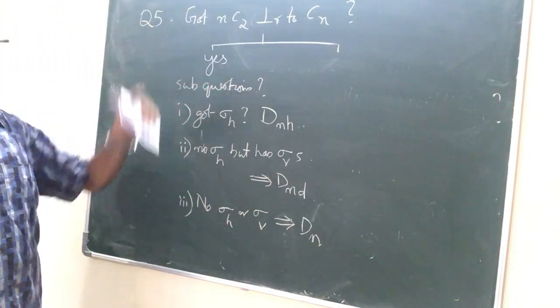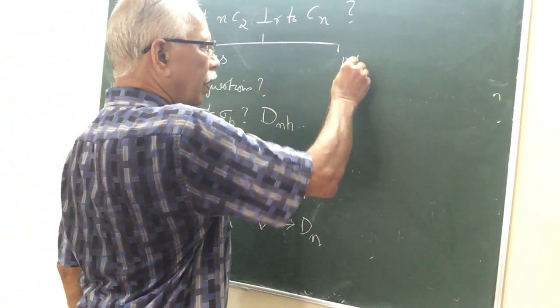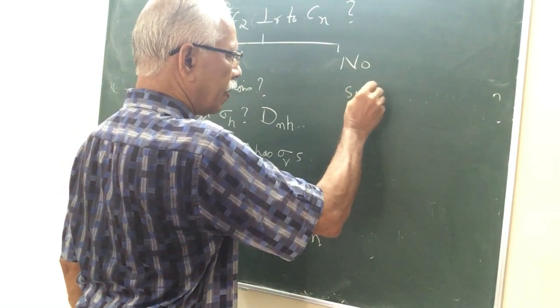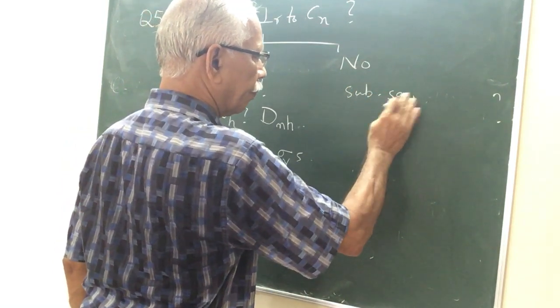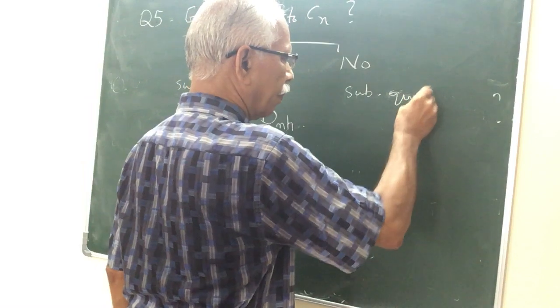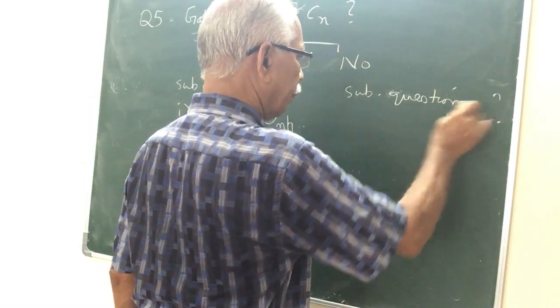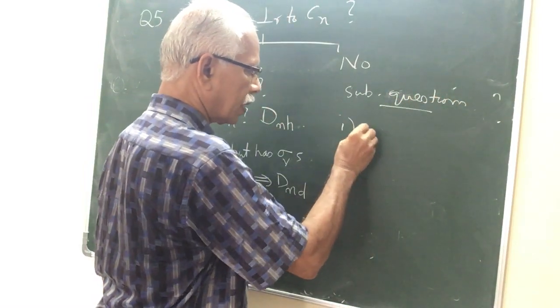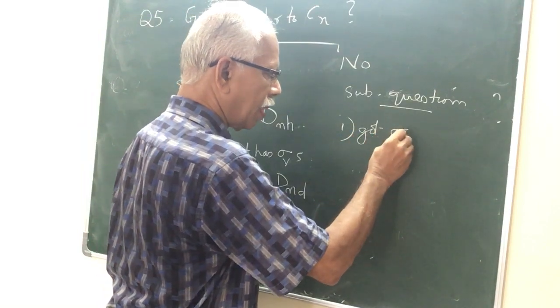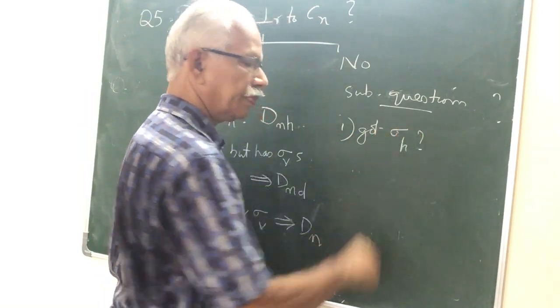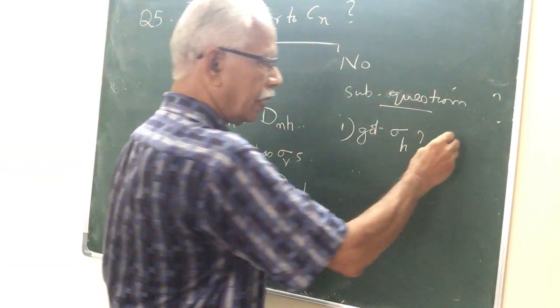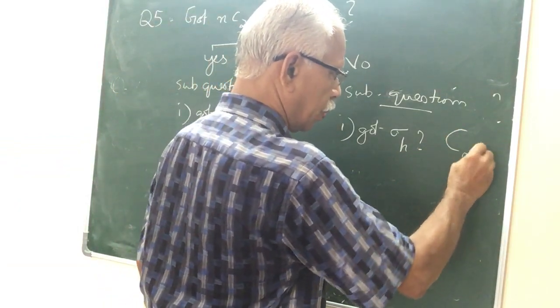If the answer to question 5 is no, you have to ask sub-questions. Got sigma h? If the answer is yes, then it belongs to the Cnh group.